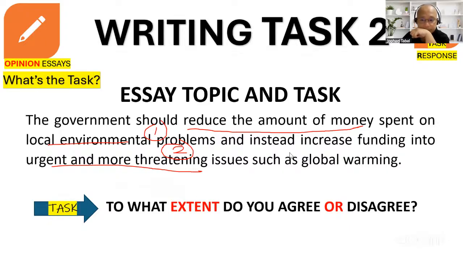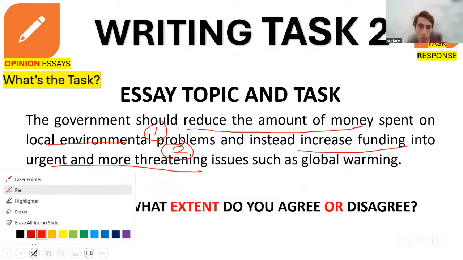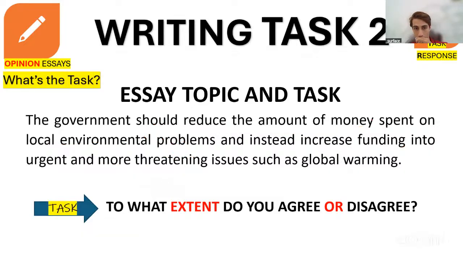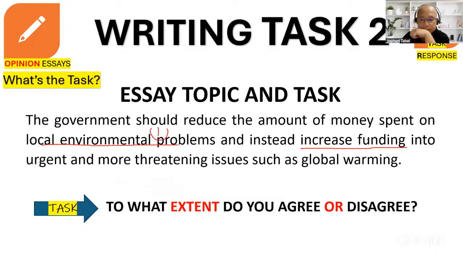Instead of two, you could put under global warming. This is like an example, such as global warming. So this is number one, and this is number two. Increase funding, and that's just global warming.